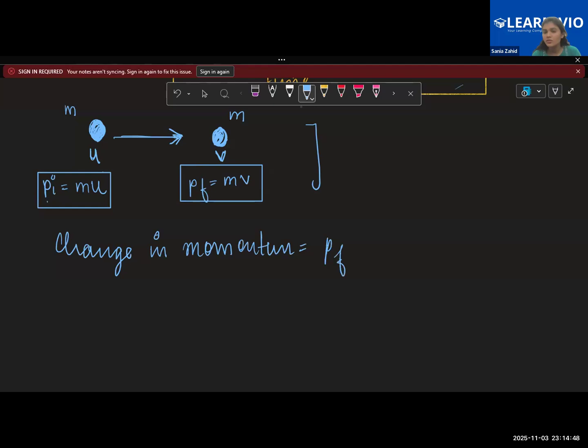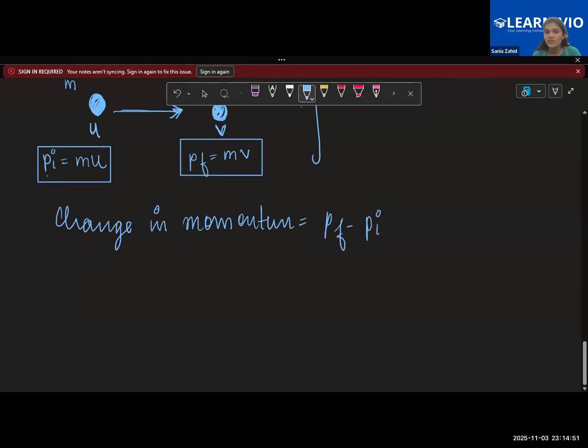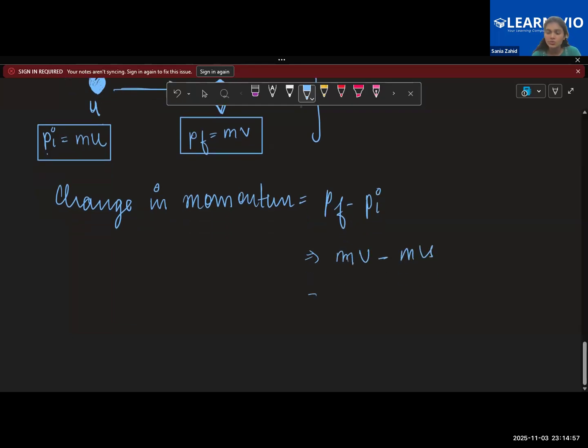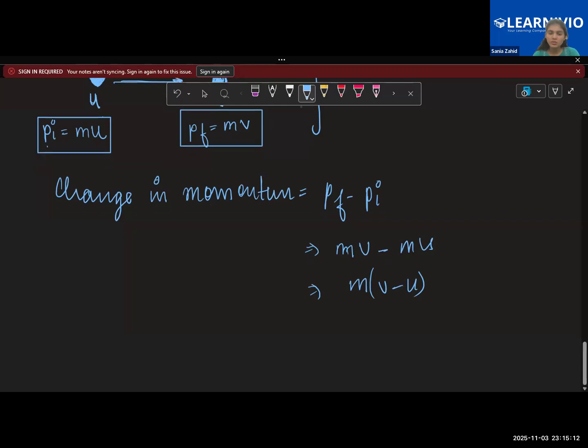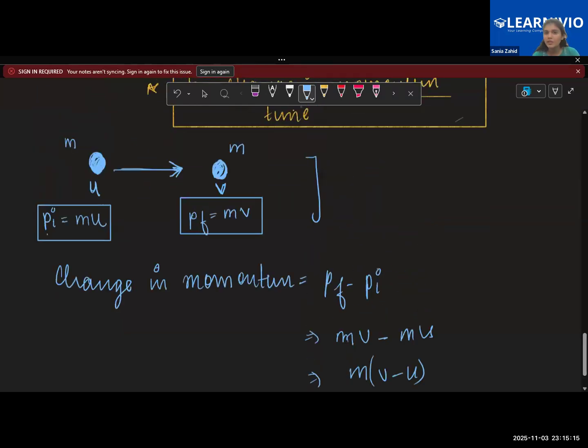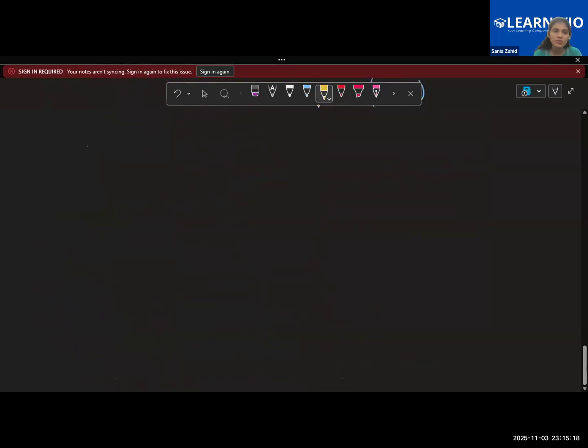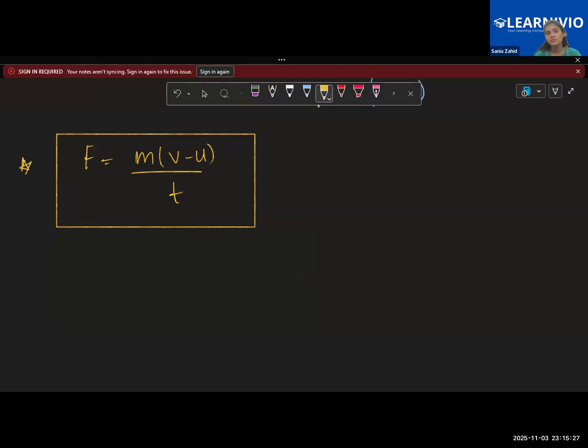That is mv minus mu. So m(v minus u). Understood? m comes out. Now if you put the change in momentum in this formula, we know force equals change in momentum, so m(v minus u) upon time. This can be another formula for force.